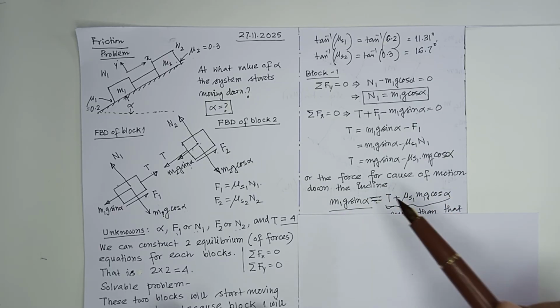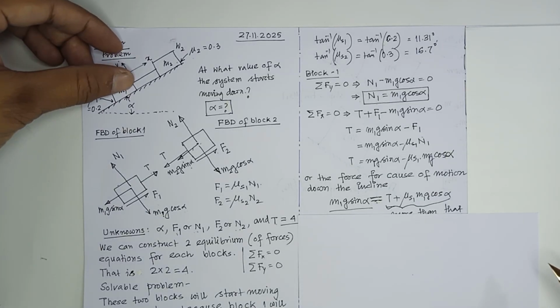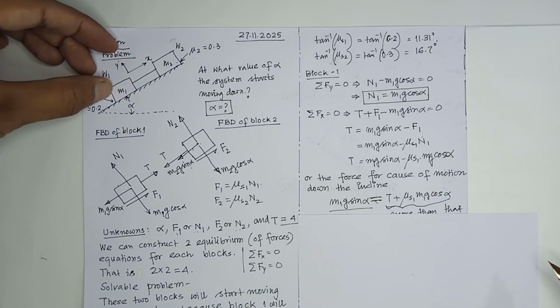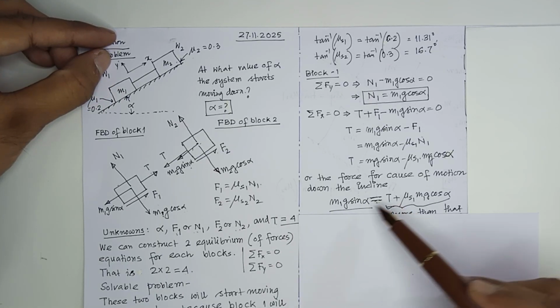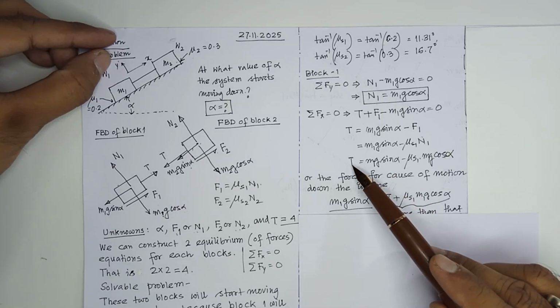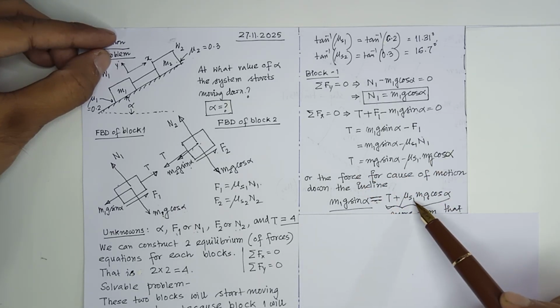What is the force that causes motion down the incline? That is m1g sin alpha. Now that is equal to what? T plus mu s1 m1g cos alpha.